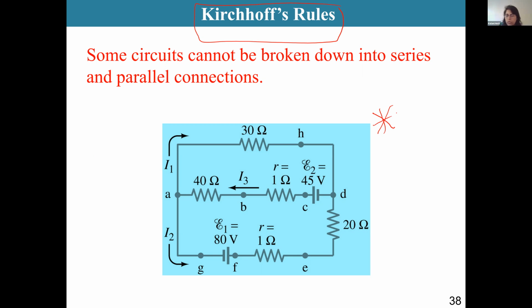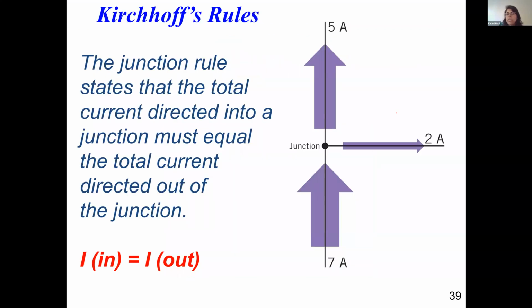There are two Kirchhoff rules, and we're going to learn them. The first one is the junction rule. It says that if you take a junction of any circuit, the current into the junction, this arrow represents incoming current, should be equal to all the outgoing current from the junction.